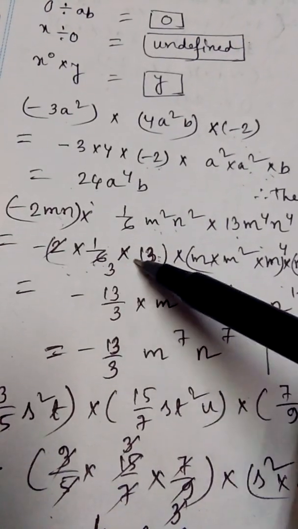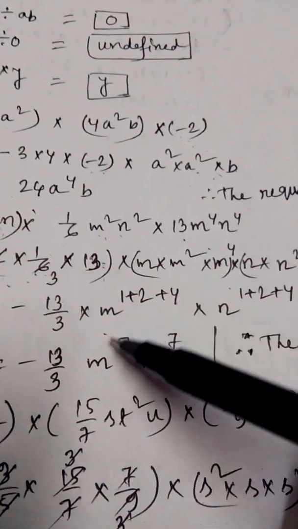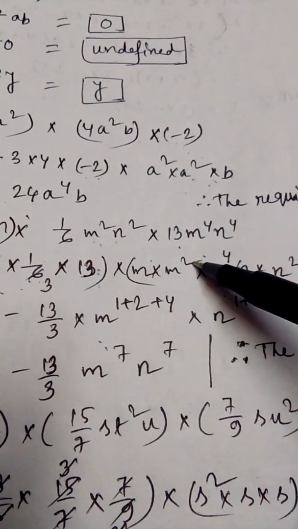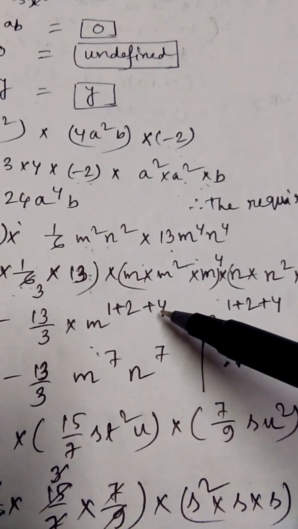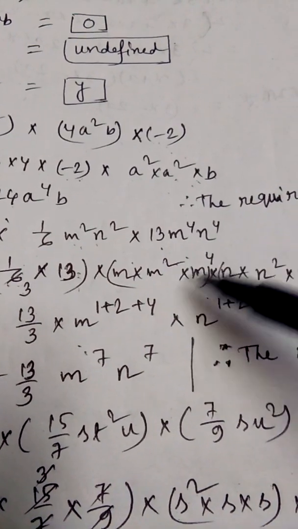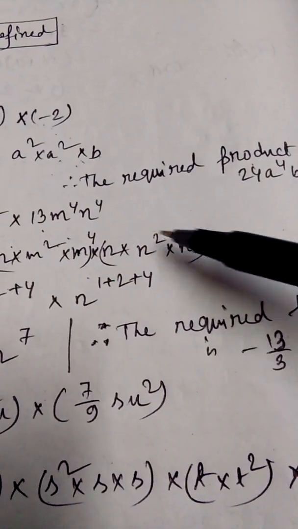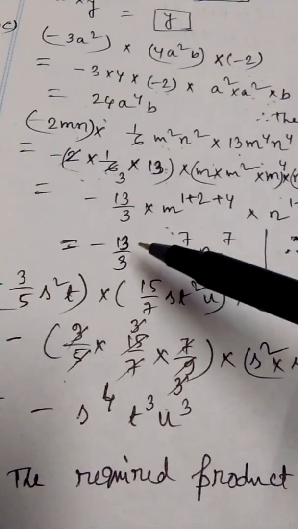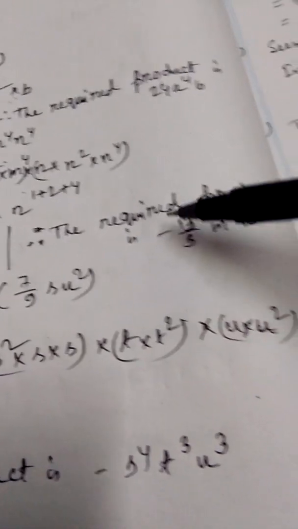After simplification we get minus 13 by 3 into m to the power 1 plus 2 plus 4, using the property of indices, m to the power 1 plus 2 plus 4 into n to the power 1 plus 2 plus 4. That is, the value is minus 13 by 3 m to the power 7 n to the power 7. Therefore, the required product is this.